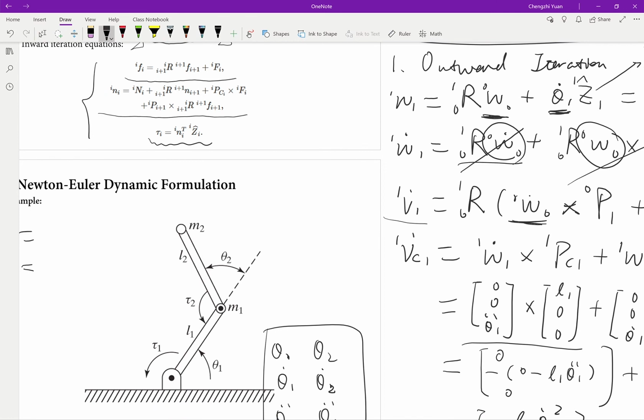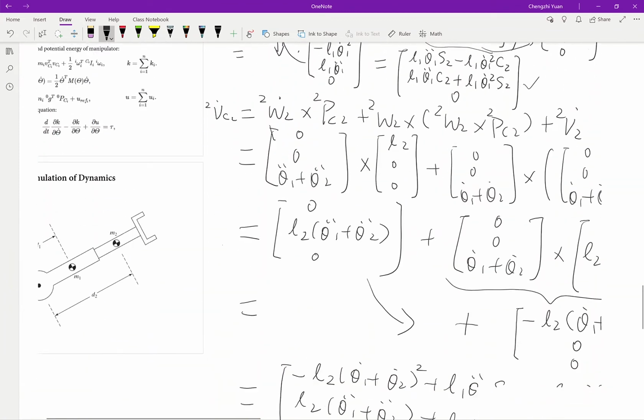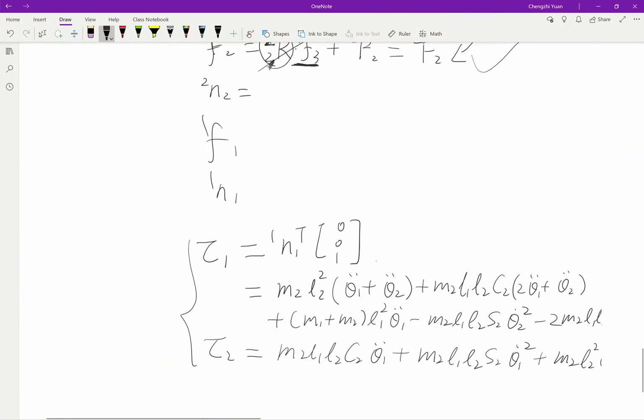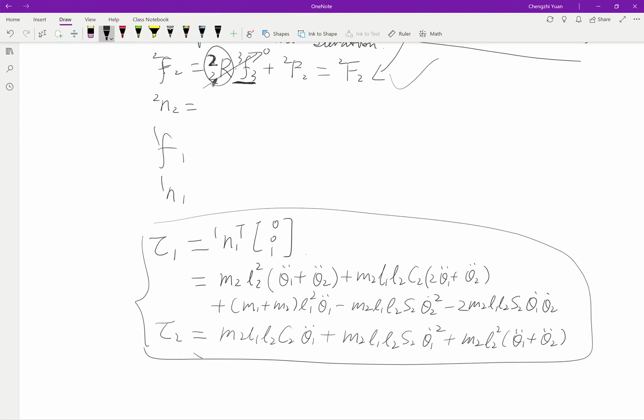And finally, you can find the torques tau 1 and tau 2 you need to generate for this problem. The final results are these two equations. Of course, tau 2 is obtained by N_2^2 transpose times 0, 0, 1, where 0, 0, 1 is the z axis of frame 2.